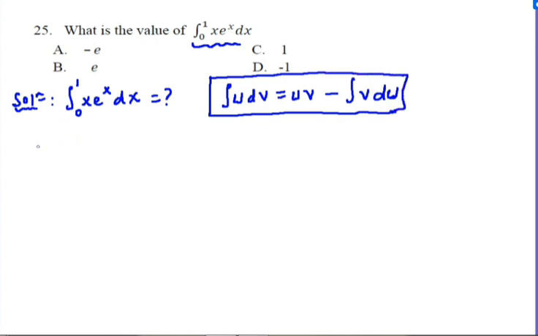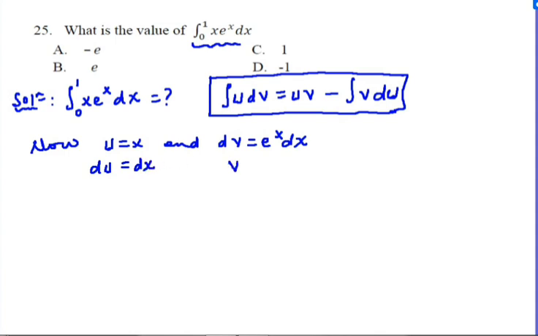So now assume u is x and dv is e to the power of x dx. If u is x, taking the derivative both sides with respect to x, du and dx are the same, and v will be e to the power of x. The derivative of e to the power of x is itself. So apply this rule.